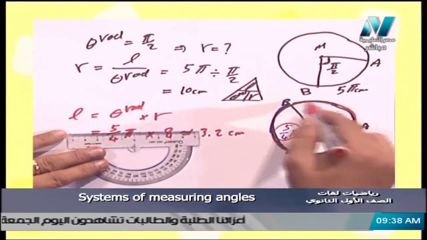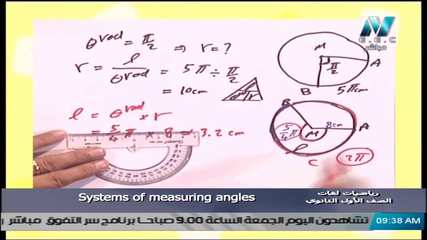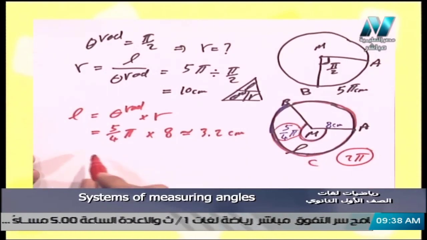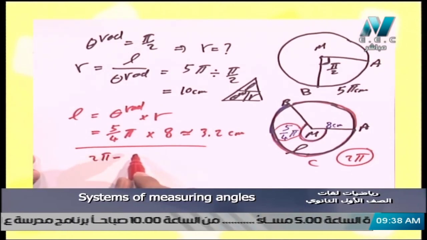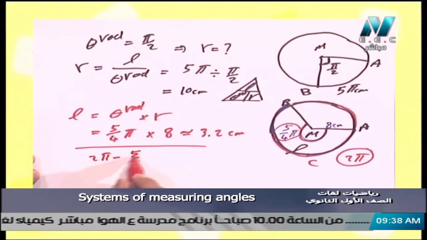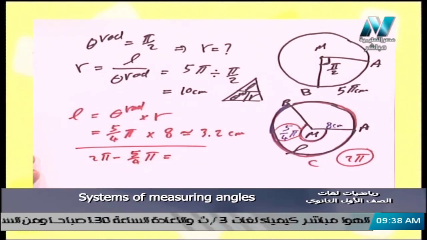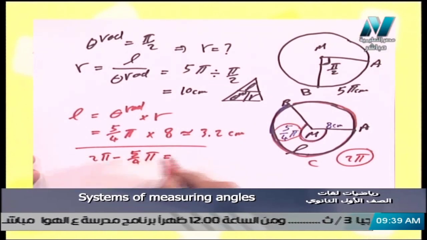So the circle in radian measure is 2 pi. Okay, so if we subtract 5 over 4 pi from 2 pi, so 2 minus 5 over 4 equals 3 over 4.